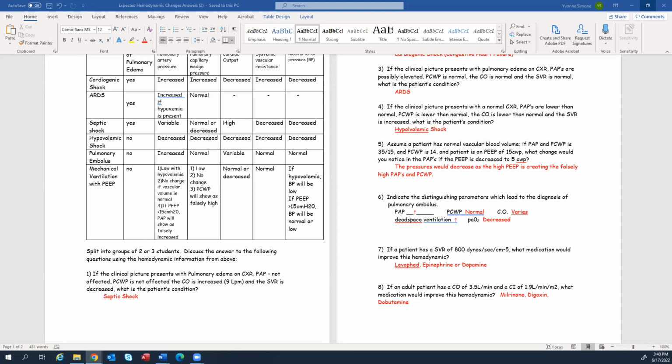All right, next question. Why do we pour 5 cc's of blood into a reservoir with the VAMP system before drawing an A-line arterial sample? Why is it that we have to pull some blood into a reservoir?